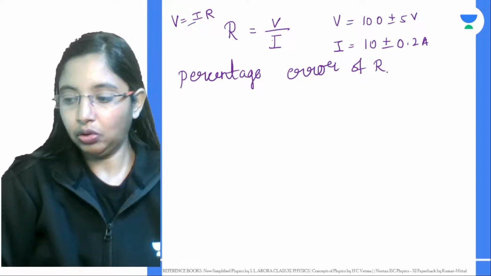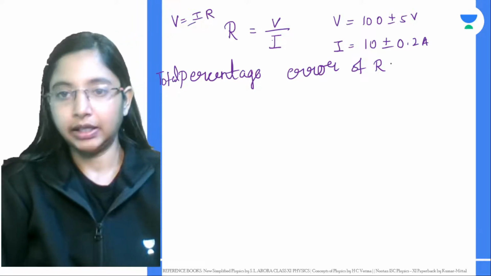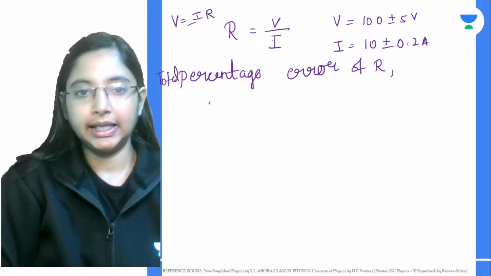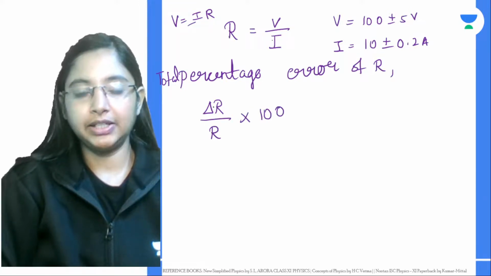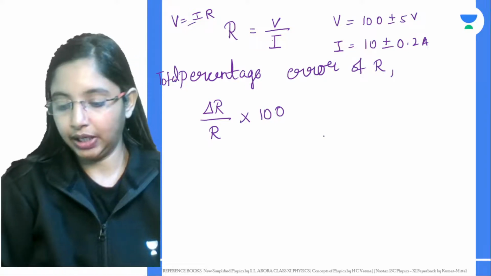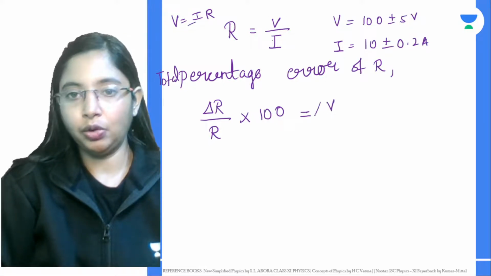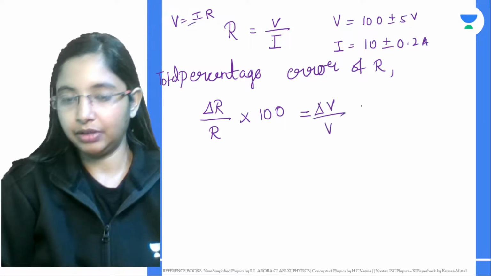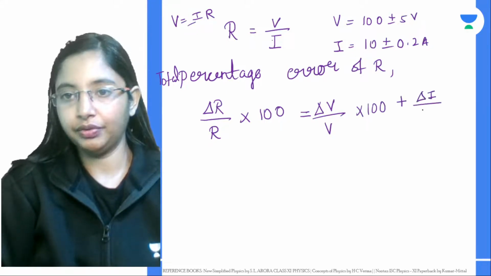If you want to find the total percentage error of R, this will basically be given by delta R by R into 100. Percentage error is relative error into 100. This will be equal to the percentage error because of the voltage plus the percentage error because of the current.